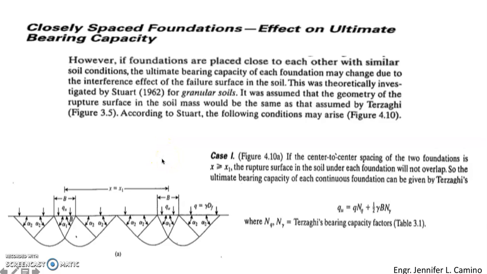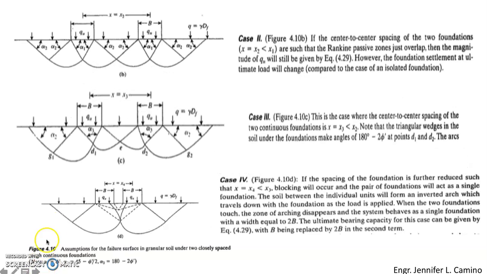Of course, that center-to-center spacing of the 2 foundations, according to him, affects the rupture surface on the soil. So this is the first case. This is the second, third, and fourth case.